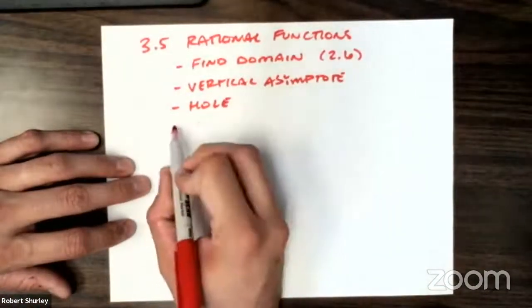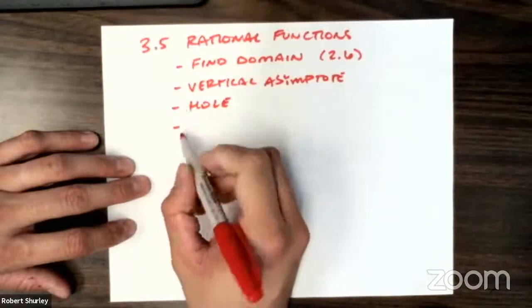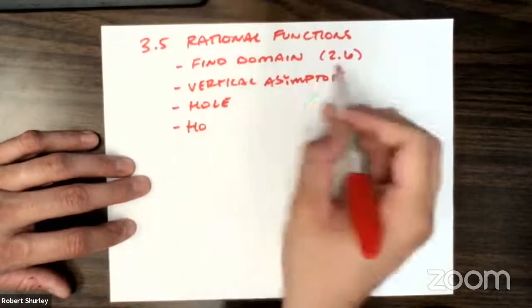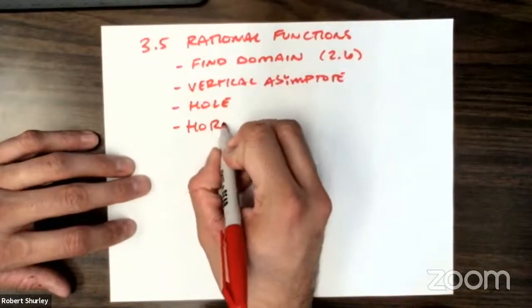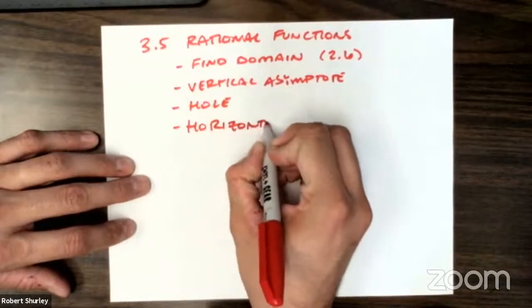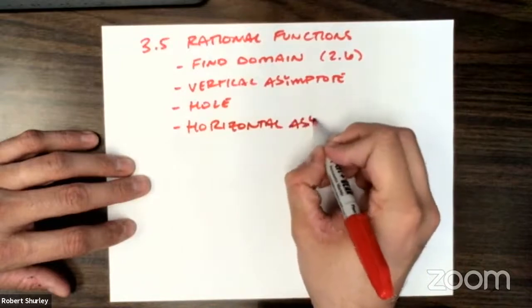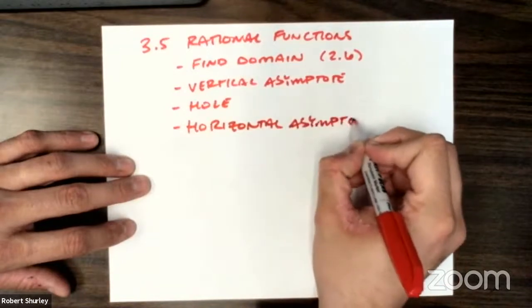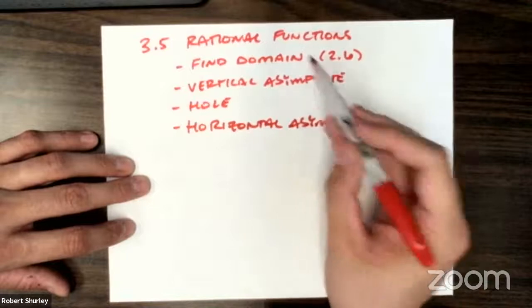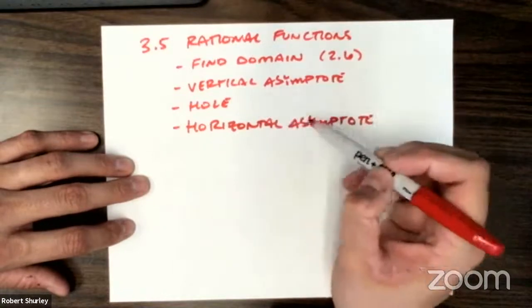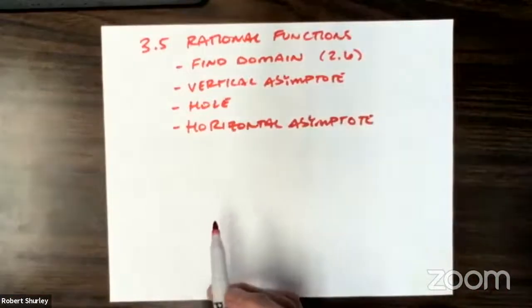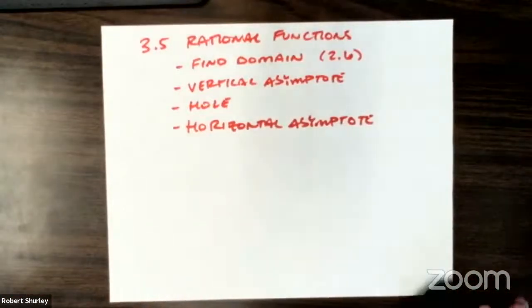And then the other topic in that section was the horizontal asymptote, which did not come from the domain. It came from the degrees of the numerator and denominator. So you're going to have to know how to find the domain and vertical asymptote or a hole, and then know how to find the horizontal asymptote.